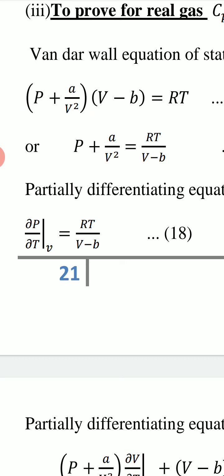V appears in these two terms on the left hand side. The first term is P plus a upon V squared, it contains V, and the second term is V minus b. So we differentiate it using the formula: first function times differentiation of second plus second function times differentiation of first. The first function is P plus a upon V squared, the second function is V minus b.